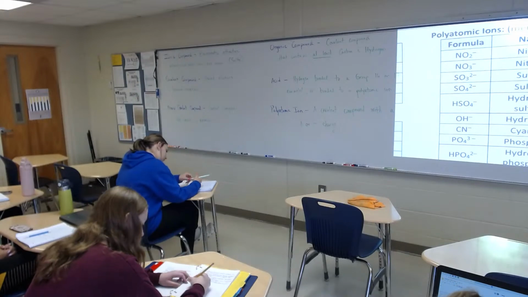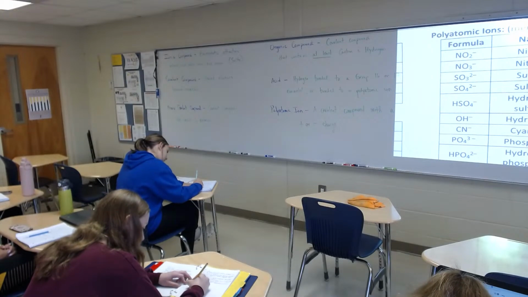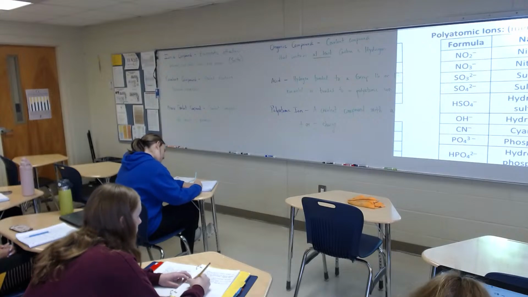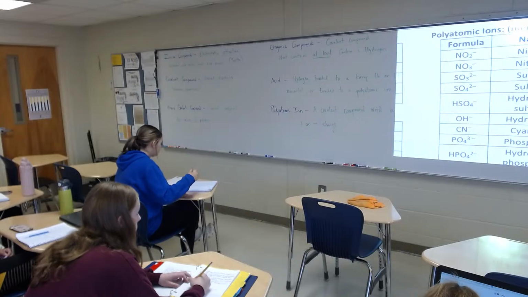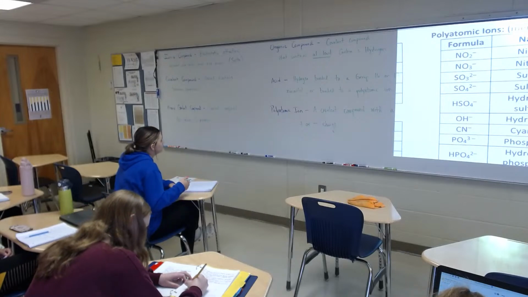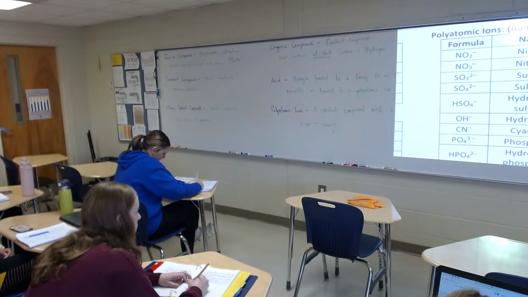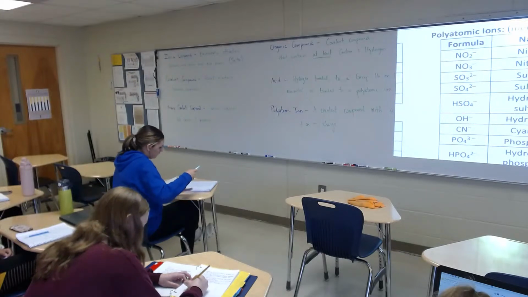So ionic compounds are going to be metals bonded to nonmetals, or sometimes the cation or anion is a polyatomic ion, and we'll define that in a minute.